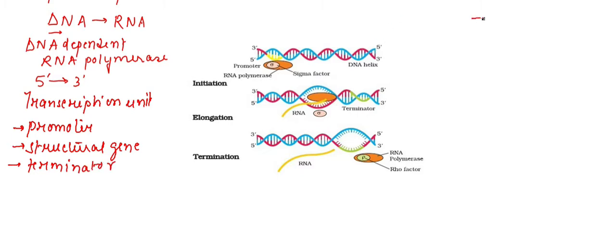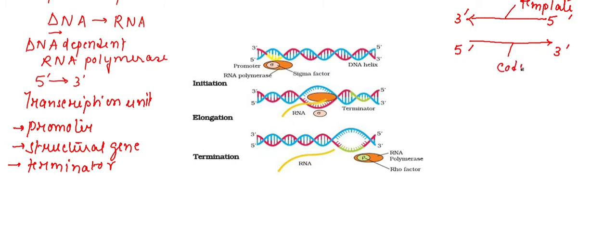You can make the strand 3', 5', and here the strand 5', 3'. So this is the template strand. This is the coding strand. And the promoter is always present at the 5' end of the coding strand, and at the 3' end the terminator is present. You can label it as promoter and terminator.